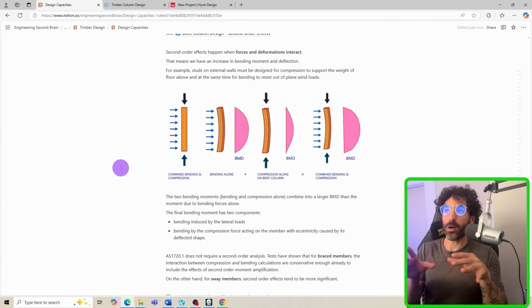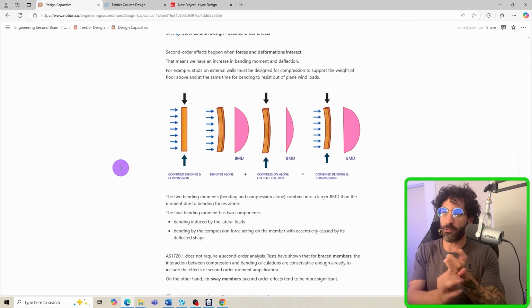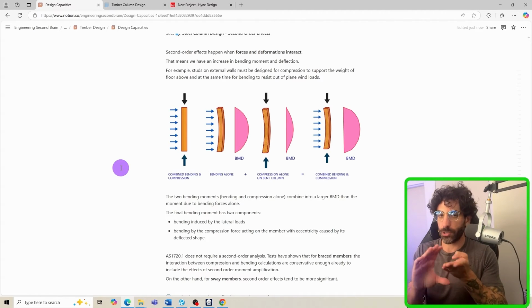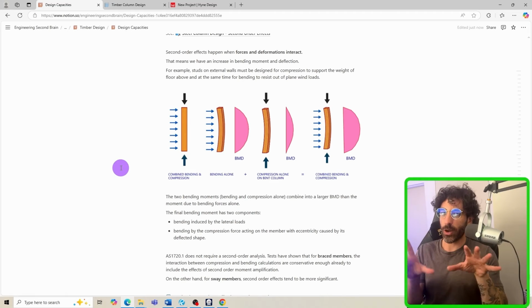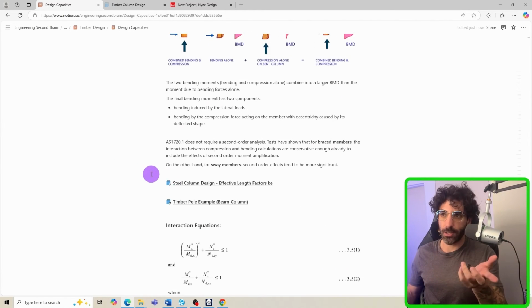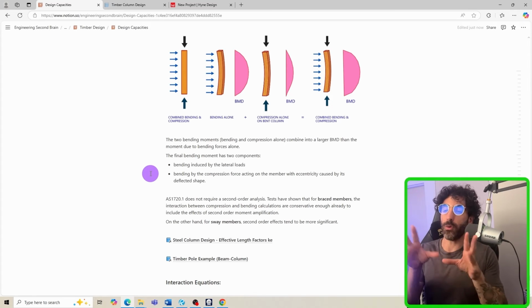If you don't know what a braced frame is, or sway frame is, or first order analysis, or second order analysis, don't stress too much because we're going to go through that in the lesson of steel column design. All right, so for now, just remember that the reason we're not running a second order analysis when we are designing timber columns in our residential projects, for example, is because the second order effects have already been incorporated in the interaction equations. Okay, that's the only thing that I want you to understand now.